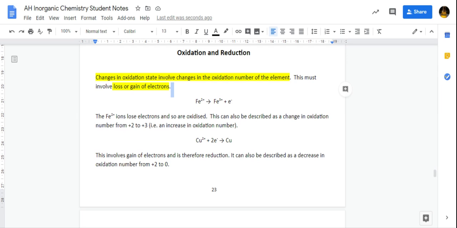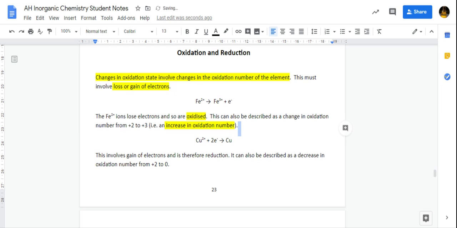The oxidation state of the Fe2+ ion is +2, and the oxidation state of the Fe3+ ion is +3. So we've increased the oxidation number. And as you know from National 5, this is an example of oxidation. So the Fe2+ ions are oxidized, and that's shown by an increase in oxidation number.